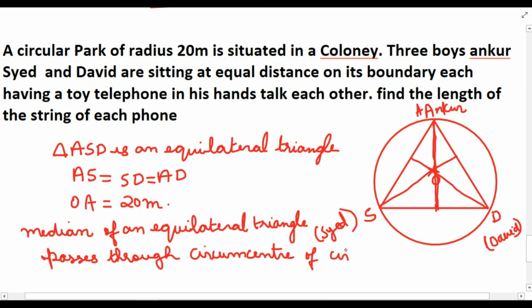Now again we know that the centroid and the circumcenter coincide. Centroid means the meeting point of the three medians, and it coincides with the center of the circle.